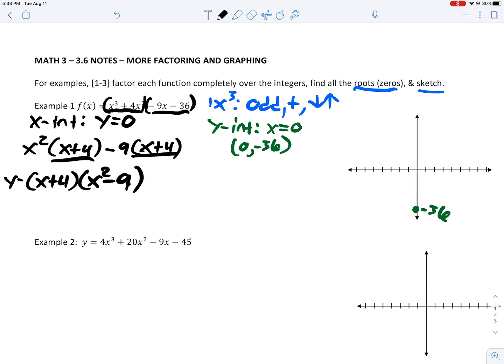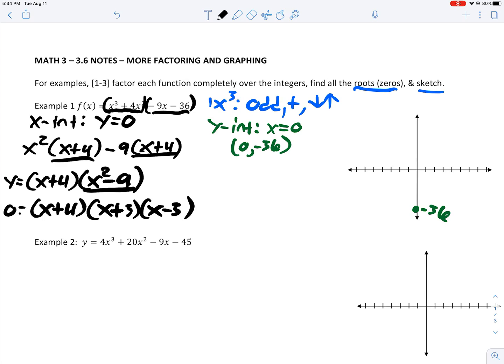So right now, this is what my equation looks like. That's not fully factored because x squared minus 9 is a difference of perfect squares. So I'm going to go one step further. So this would be x plus 4, x plus 3, x minus 3.